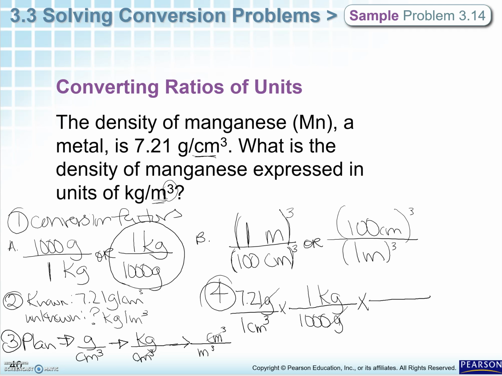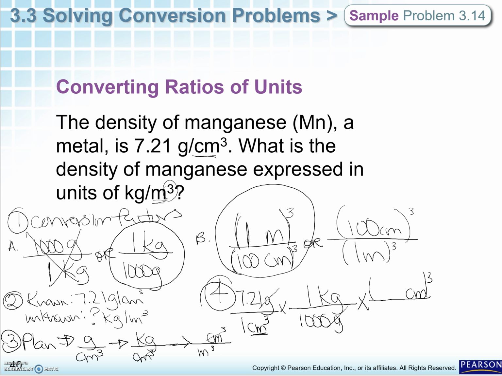Next we would draw our line, and we want to get our centimeters cubed to our meters cubed. Let's see which equality is going to do that. Since centimeters cubed is on the bottom, centimeters cubed must end up on the top. Which one of our conversion factors fits that? First off, this one definitely doesn't because there's no centimeters cubed in there.